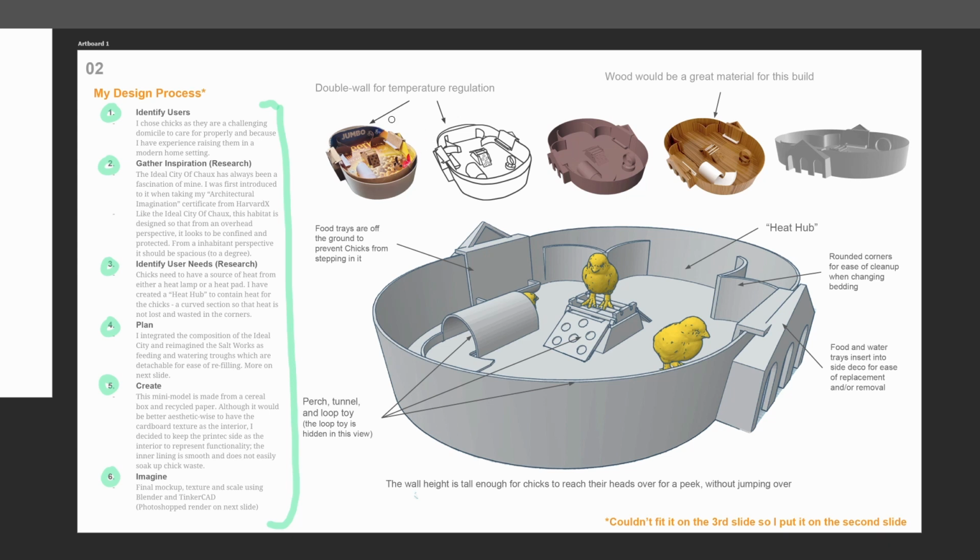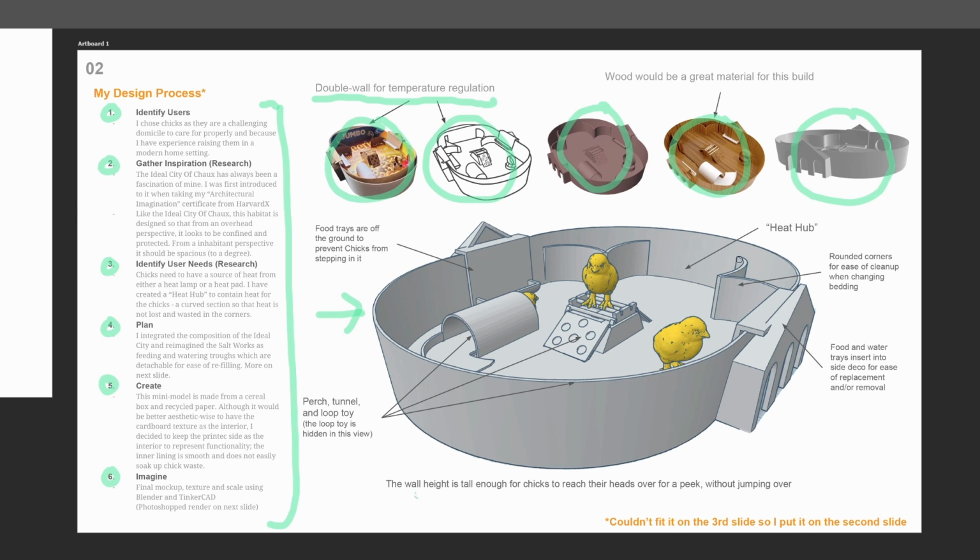So this one is designed with double wall for temperature regulation. And I did some 3D renders here. So this is the live build with a cereal box. And this is a trace. This is a 3D render. This is a 3D render with wood texture. And then this is a 3D render view from the side to show the outside. Here, this was a 3D render.